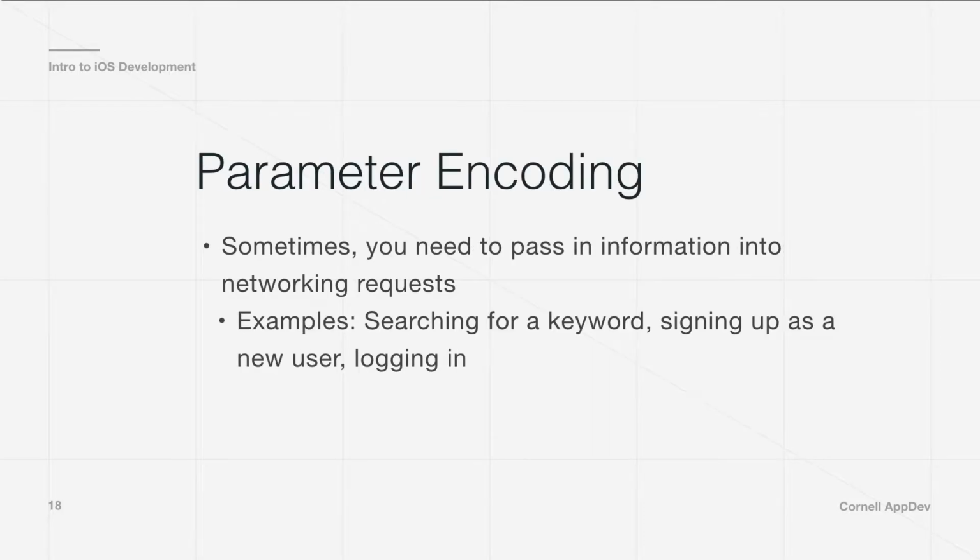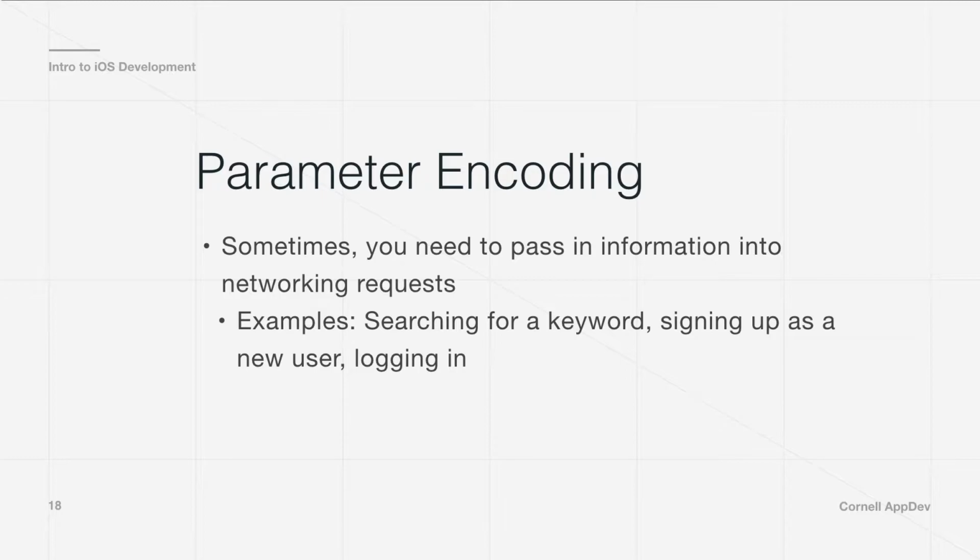And then another thing is sometimes you need to pass in information to these network requests. For example, if you're searching for something, you can't just hit the search endpoint because that doesn't really make sense. You need to say, oh, I'm searching for music, or I'm searching for Game of Thrones. So that's why you would need to pass in information.